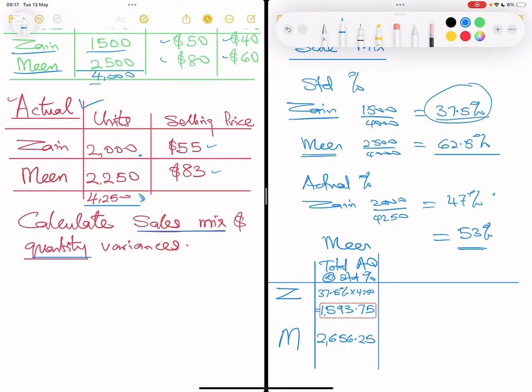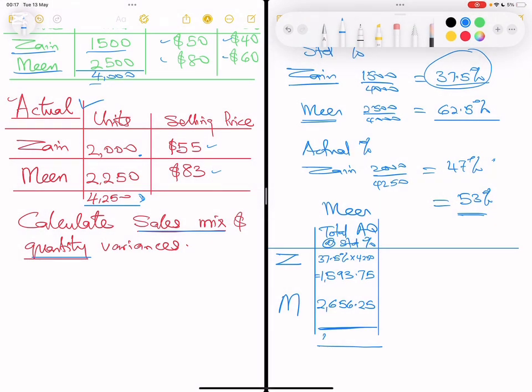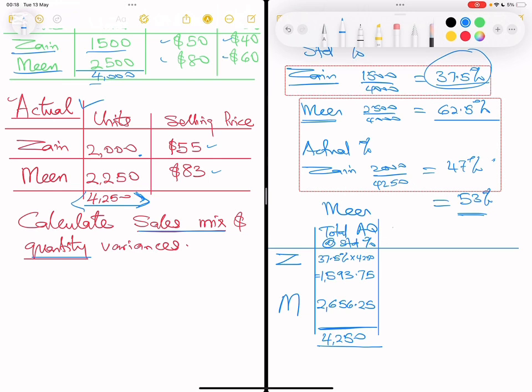And this is usually the new column that you always have to add, which must give us 4,250, because it's this 4,250 that we analyzed based on our standard proportion. So this is what we have to compare with our actual quantity.